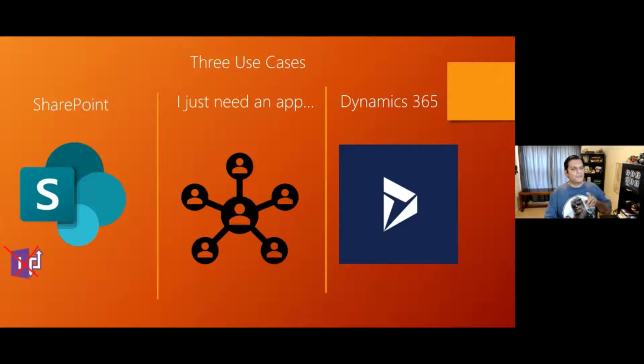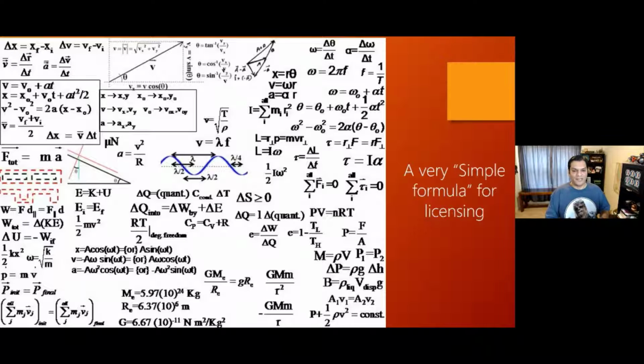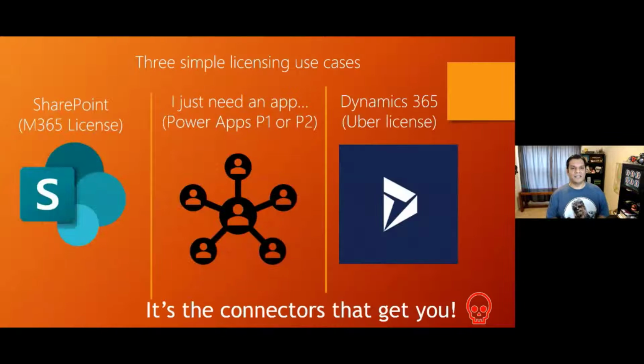Speaking of licenses, there is no simple formula for that. I've put simple formula in quotes, but literally there is no simple formula for that. Therefore, the best I can do is talk about those three categories. This is how I've always described it: if you are on one extreme, which is the SharePoint Online people, 9 out of 10 times your M365 or Microsoft 365, whether it be a business license or an enterprise license, will suffice.